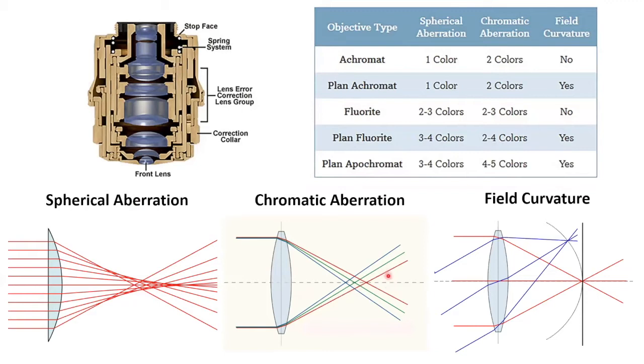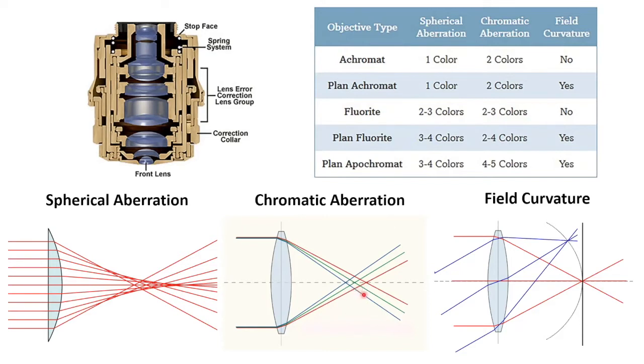This phenomenon is called spherical aberration. You can see in this picture here, when the light passes through different parts, the lens will focus at different focal points. And for different wavelengths or colors of light, when they pass through a convex lens, different colors will also focus at different focal points. This phenomenon is called chromatic aberration, which is shown in the middle picture here.